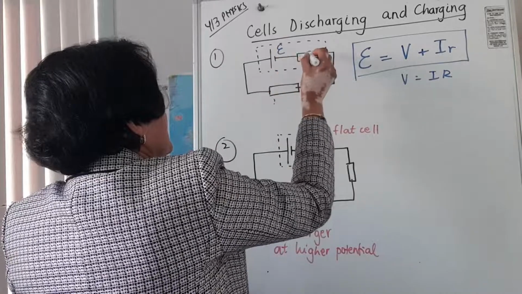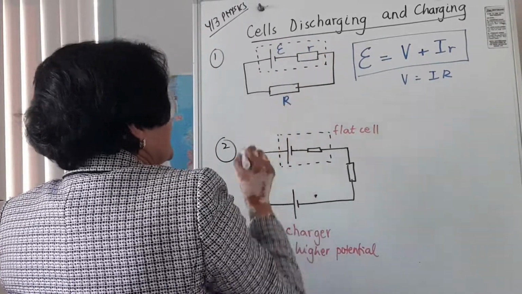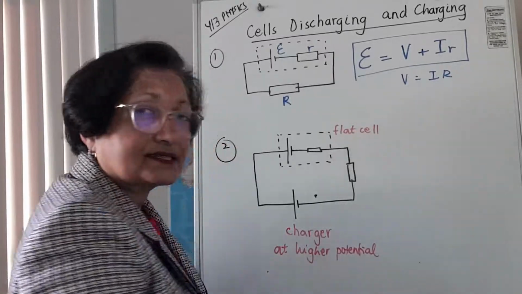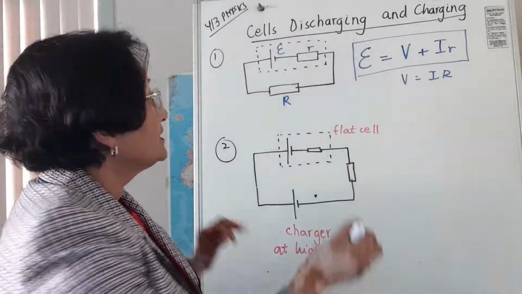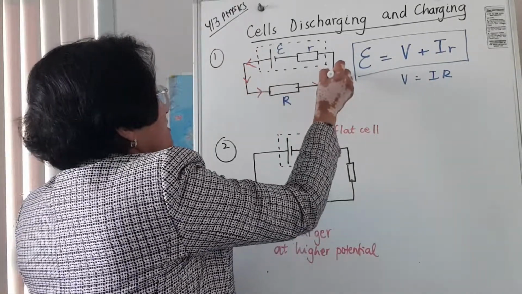This is the EMF of the cell, this is your internal resistance, this is your external load. When a cell is discharging, the current flows out of the positive into the negative.